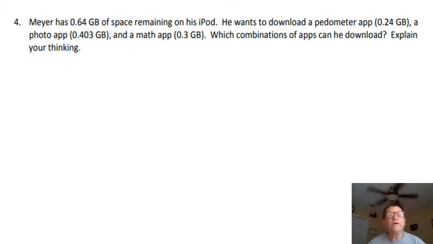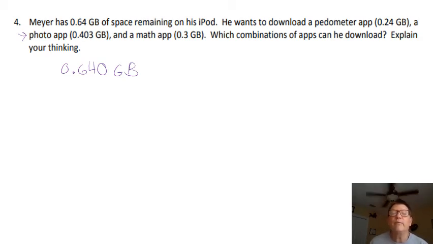Well, I know he has a total of 64 gigabytes. So looking at this, the photo app, well, 64 hundredths gigabyte space. Now, can he do the photo app? That's 403 gigabytes. But if you look at this, let's take 64 hundredths of a gigabyte, and let's add a 0 for thousandths. That means he actually has 640 thousandths of a gigabyte.